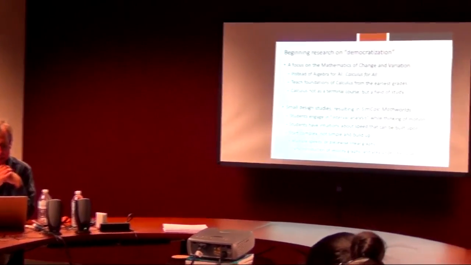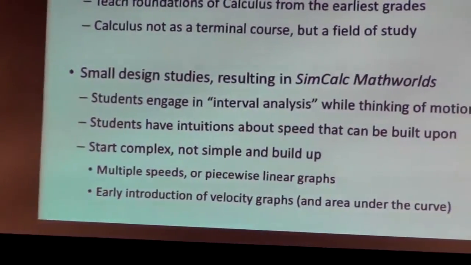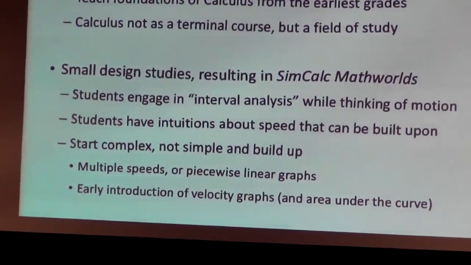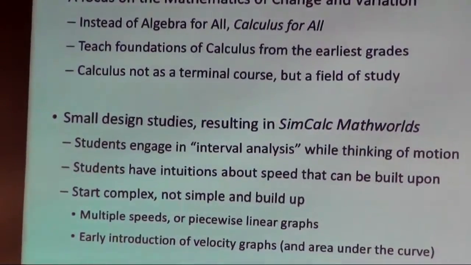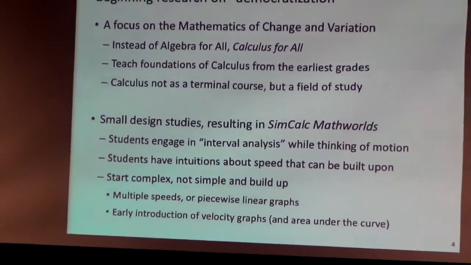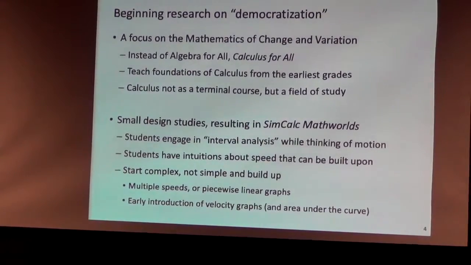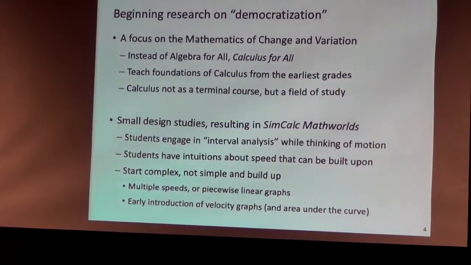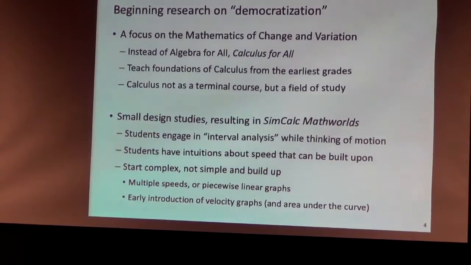And he had the early introduction of velocity graphs, and students can count up the area under the curve. And we talked about that a little bit earlier on today, and for reasons I'll discuss, our work deviated from that as well. So that's a little bit of lessons learned of where some of these great ideas meet the constraints of real school, of large-scale schooling.